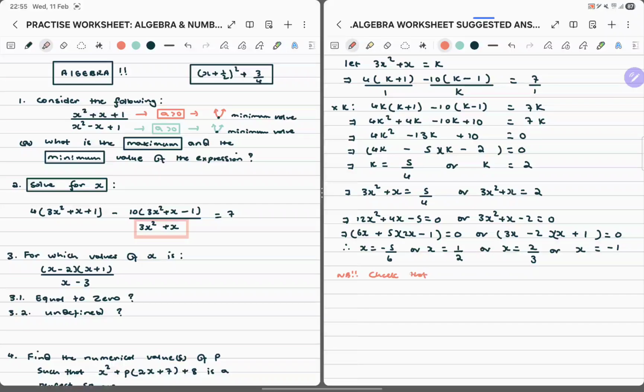Check that in the expression or equation there is no division by 0.